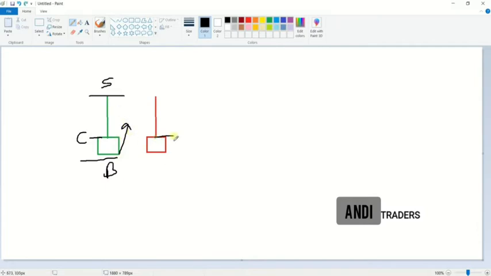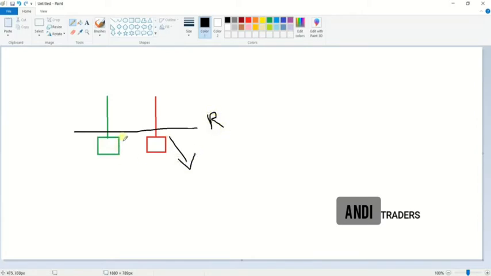And here also the buyers are here, the sellers are here, and the closing point is near the buyers, so this candle will go up. But if we have any resistance level here, the market will go down from this level, and if we have any support level, we can be sure the market will go up.